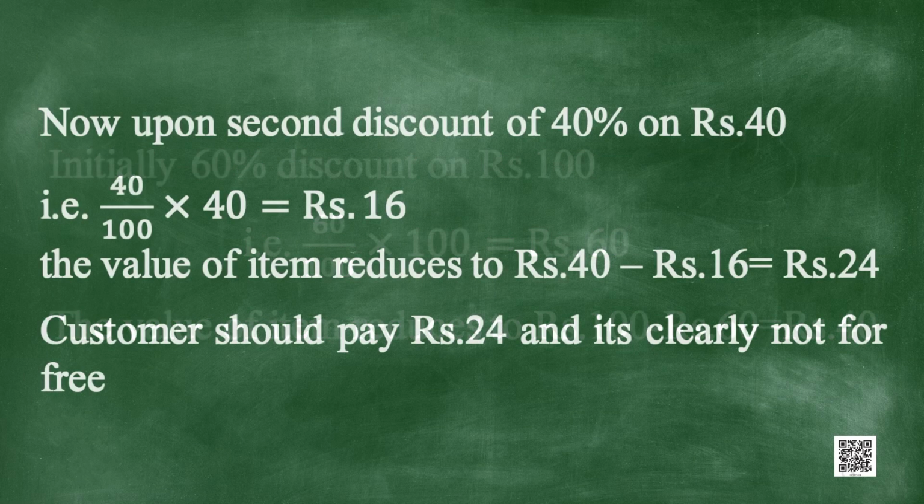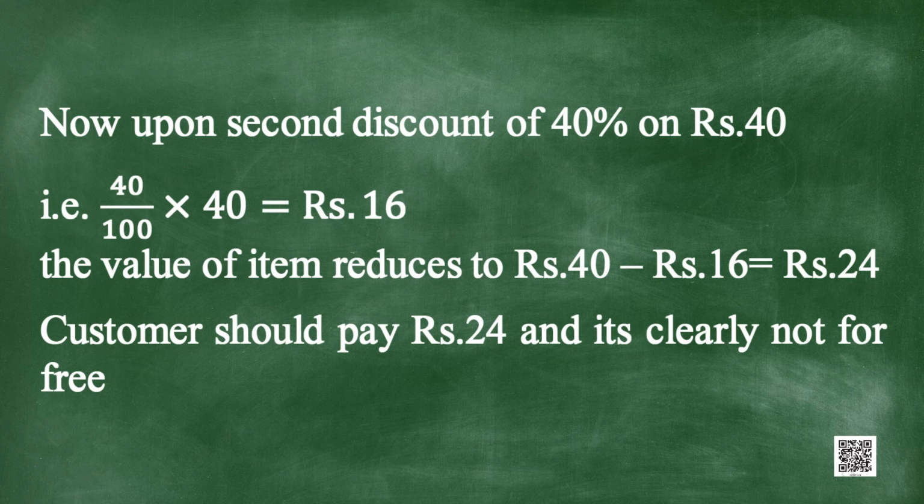And now, by applying 40% discount on rupees 40, which is 40 by 100 multiplied with 40, is equal to rupees 16. So, the value of the item reduces to rupees 40 minus rupees 16, which is equal to rupees 24. So, the customer here should pay rupees 24, and it is clearly not for free.